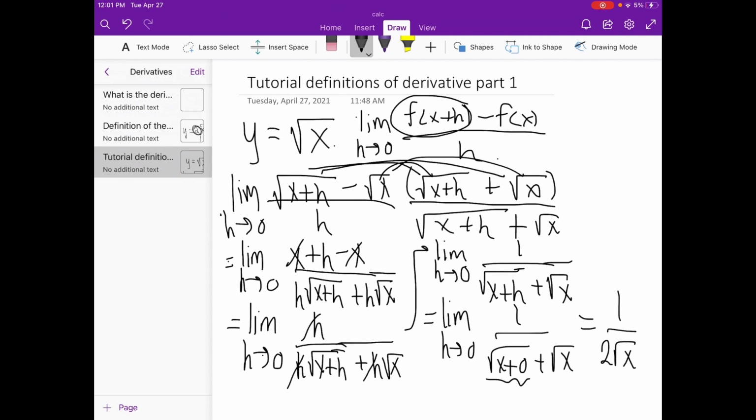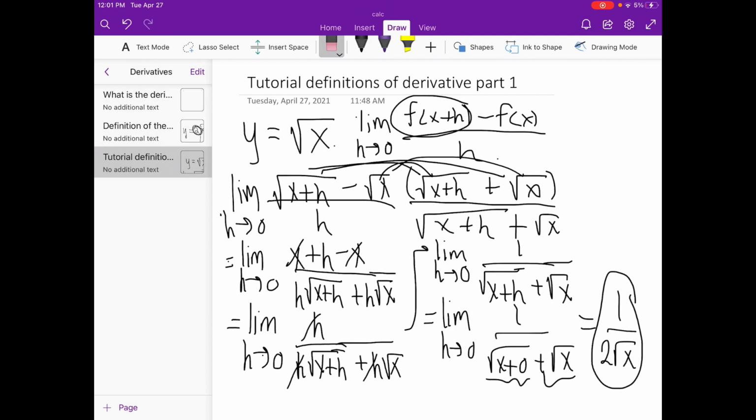So you can see that better. And what is this? This is just 1 over 2 root x, because this is just root x plus root x now, right? Because h approaches 0. So what did I get? My final answer is half 1 over root x, or 1 over 2 root x.